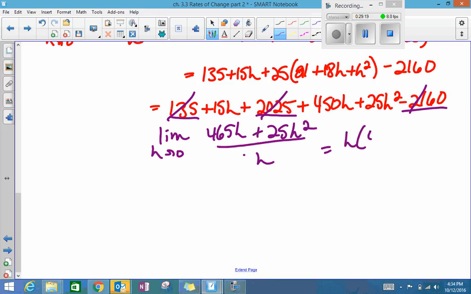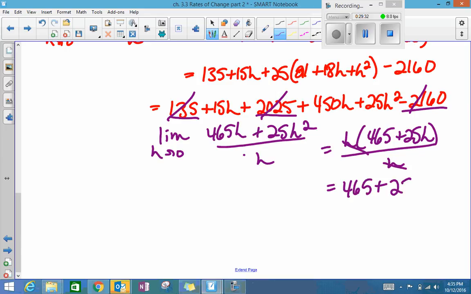We can factor out an h, so 465 plus 25h all over h. So when we apply our limit as h approaches 0, we get 465 plus 25 times 0, so we get 465.